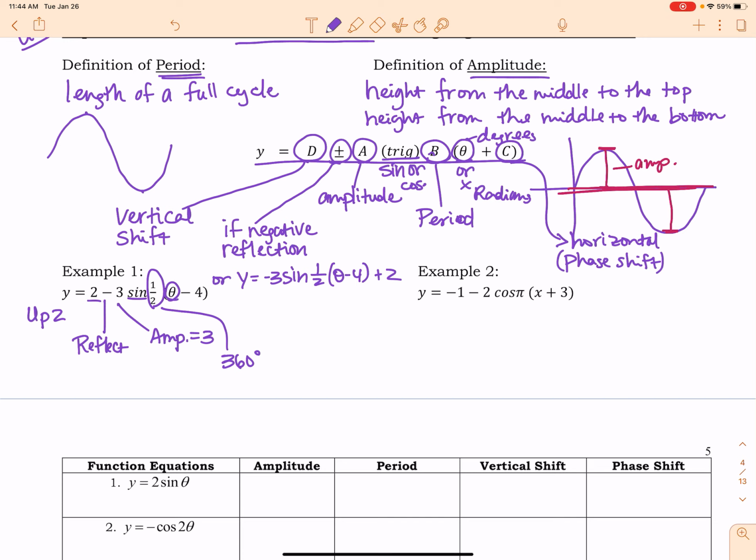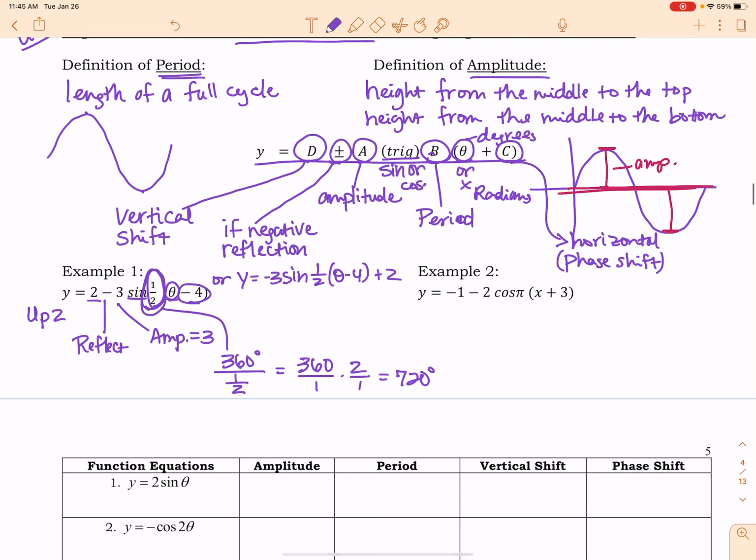But since there's a value here other than 1 in my equation, I have to divide the parent period by 1/2. So I've got 360 over 1 times the reciprocal of 1/2, which is 360 times 2, which is 720. That just means it takes more space to carry out that full cycle of the graph.